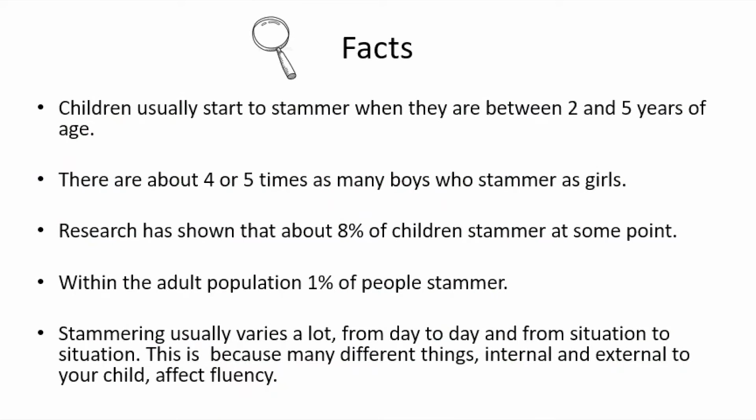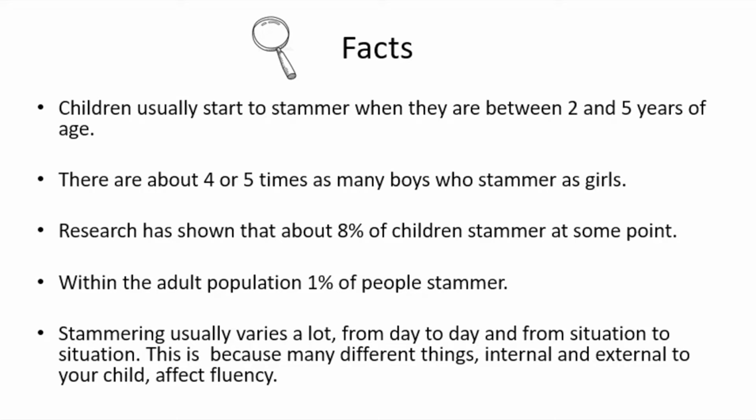All right, so thinking about the facts. This is just a bit of an overview about stammering and what we know about it. Children generally start stammering when they're between about 2 and 5, and that's when their language skills are typically developing really quickly.